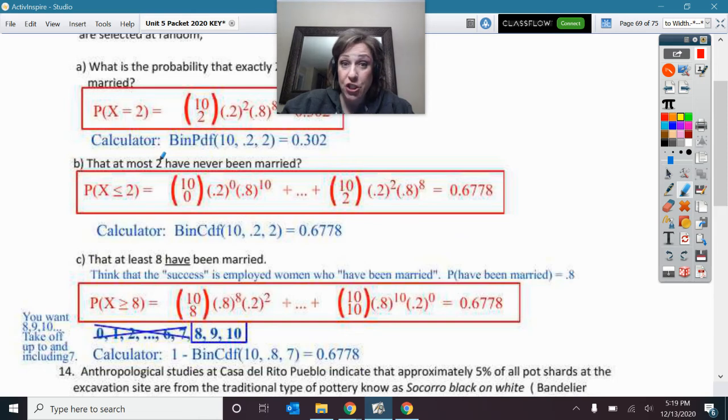At most 2 means 0, 1, and 2. So I want 0 successes plus 1 success plus 2. You could add together PDF of 0 plus PDF of 1 plus PDF of 2, or I could just accumulate up to and including 2 successes.